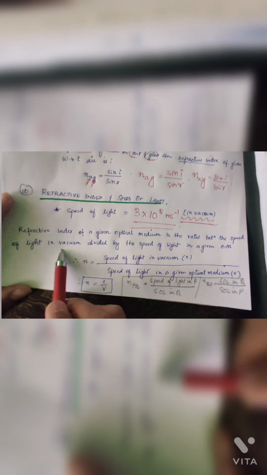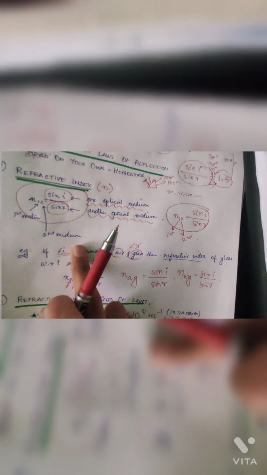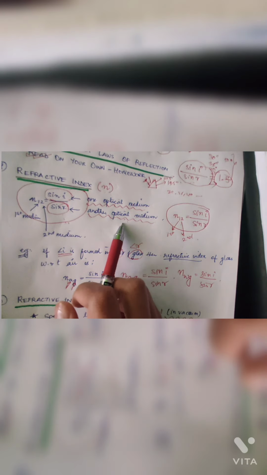Refractive index of a given optical medium is the ratio between the speed of light in vacuum and the speed of light in the given optical medium. Here they are giving you the speed of light.